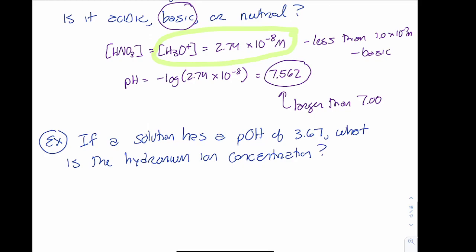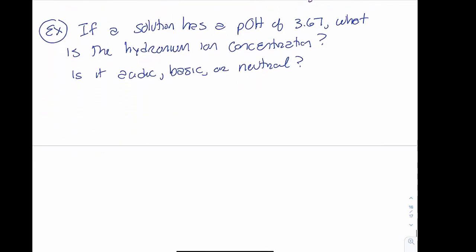And then is it acidic, basic, or neutral? So again, please try this one on your own. Hit pause, do the problem, and then hit play when you're ready to check.